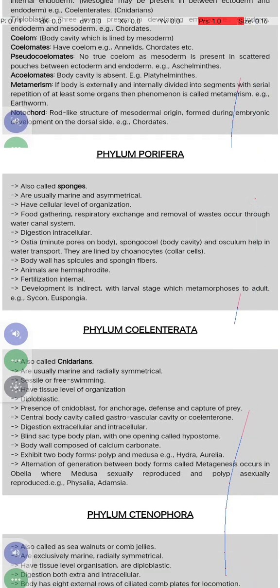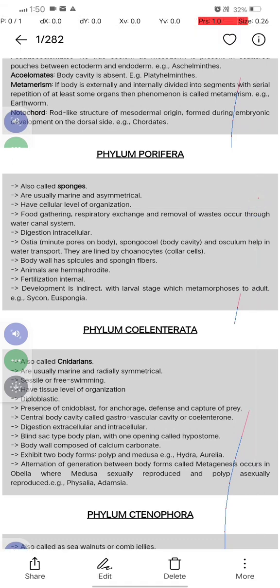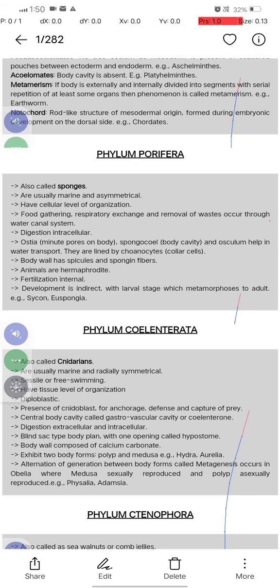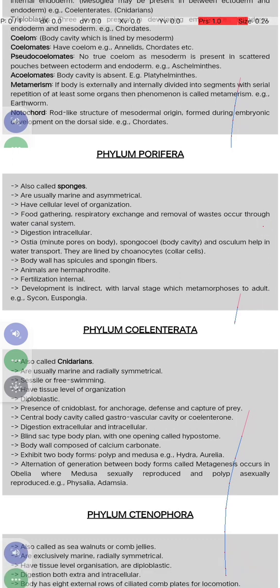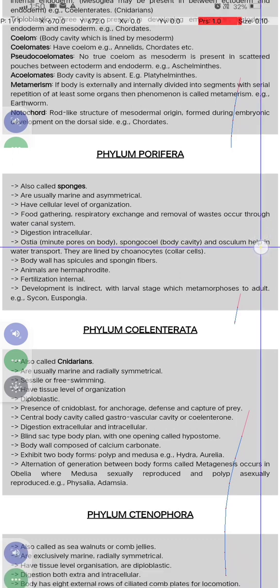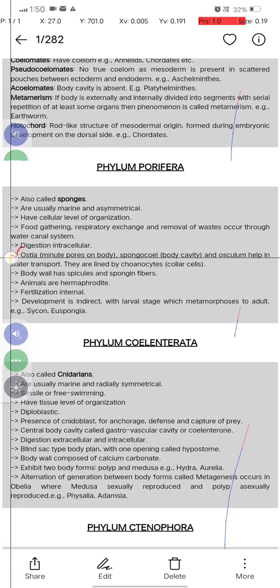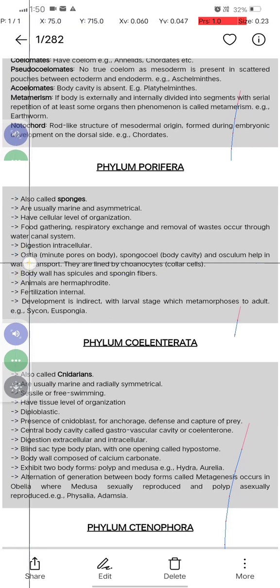Phylum Porifera is also called sponges, usually marine and asymmetrical, with a cellular level of organization. Food gathering, respiration, exchange and removal of waste occur through the water canal system, and digestion is intracellular. Ostia are the minute pores on the body, and the spongocoel and the osculum help in water transport.